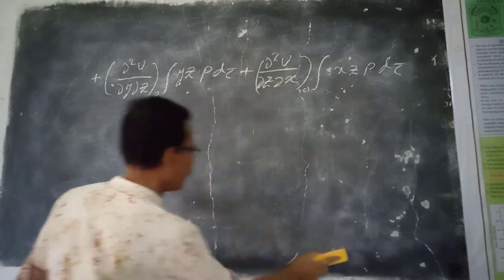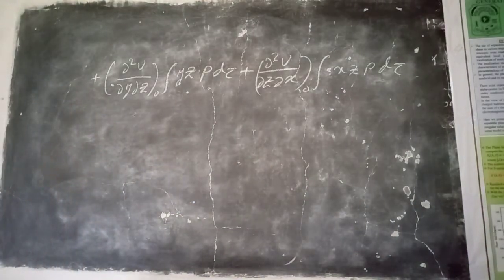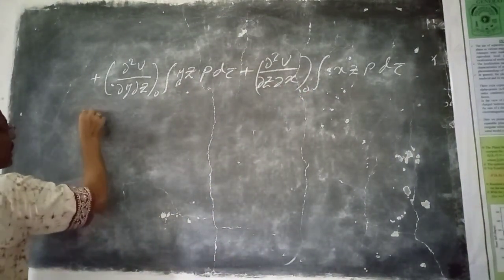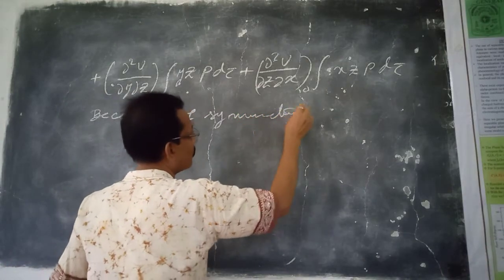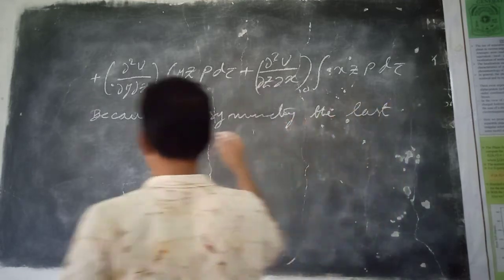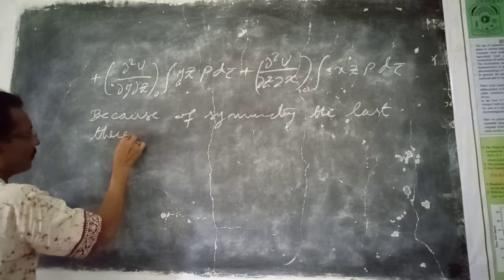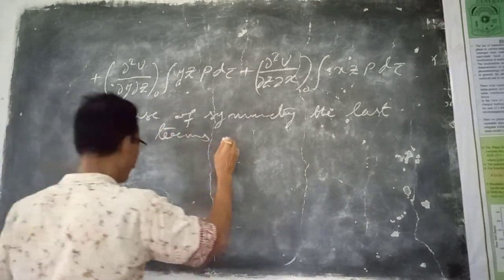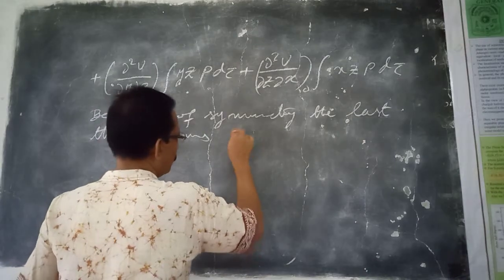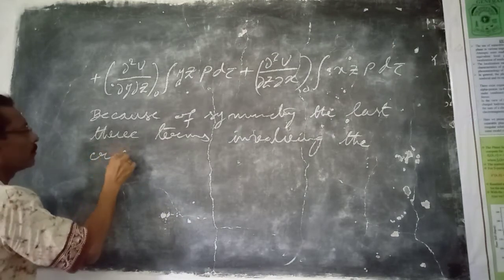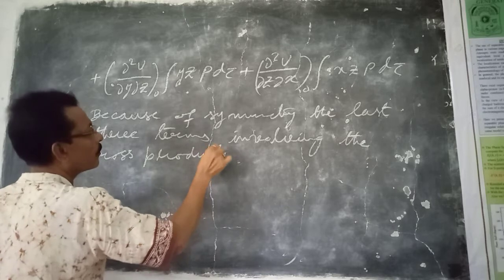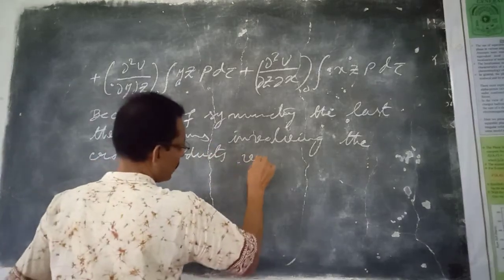Now because of symmetry, the 3 cross terms, the 3 integrals involving the cross products xy, yz, zx, vanish.